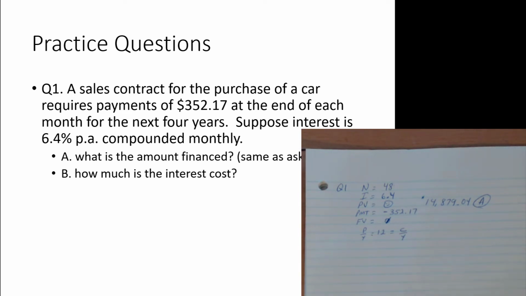Now B, how much is the interest cost? Okay. This is the same idea as we had before, but we have to be careful and nuanced in our thinking. When we look at how much is interest, we take the amount that includes principal and interest. We subtract from it the principal amount.